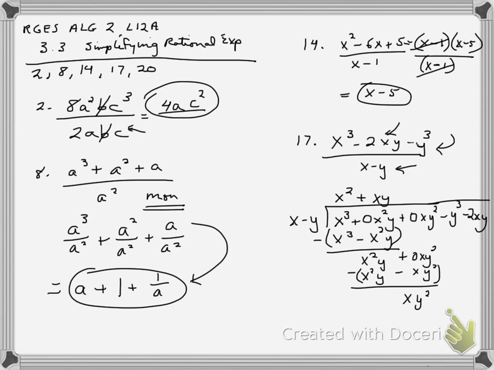Okay, we're going to bring down the next term. We're going to look at what's our multiplier by x to get that, all the way down there. Make sure we're looking at it right. And so we need a y squared term. We're going to multiply back, and we're going to get, running out of room here, xy squared minus y cubed. We're subtracting. The first term cancels.